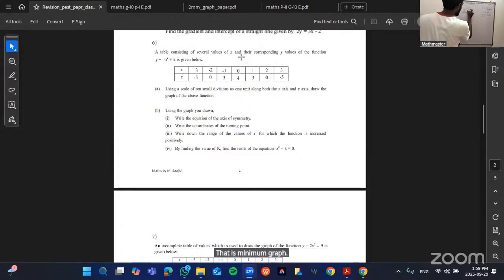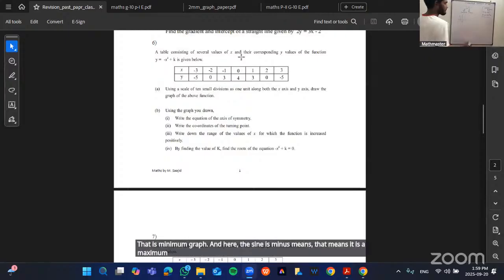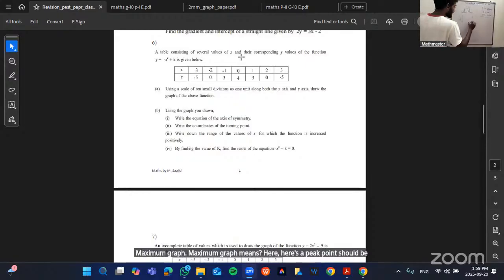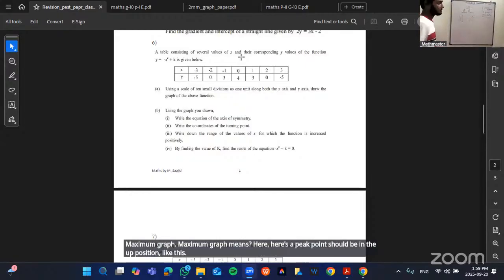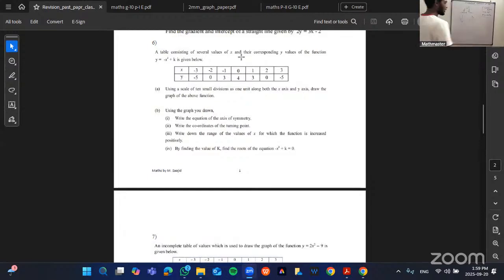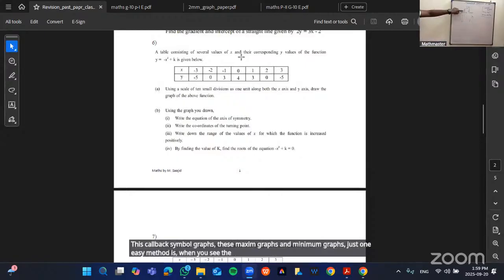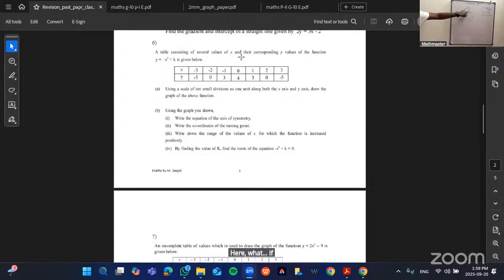And if the sign is minus, it is a maximum graph. A maximum graph means the peak point should be in the up position like this. These are called maximum graphs and minimum graphs. One easy method: when you see the sign as positive, it is going to be a minimum graph, and if you see the sign as minus, it is going to be a maximum graph.